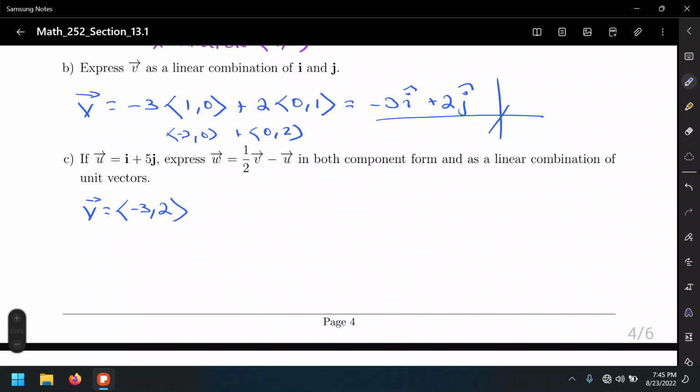And the vector u, we're given, let me use the other notation, is 1, 5. All right. So what they want us to do is do this operation and then represent it in ij notation. That's all they want.